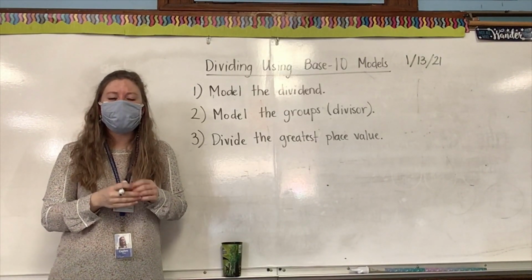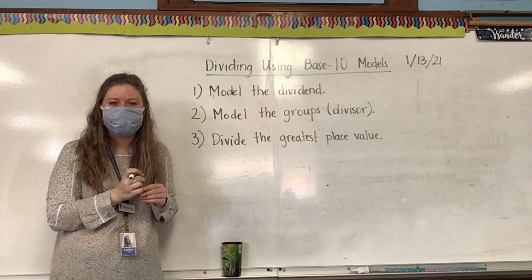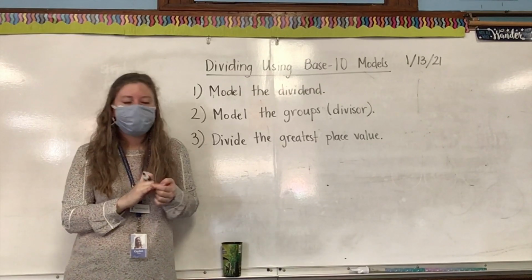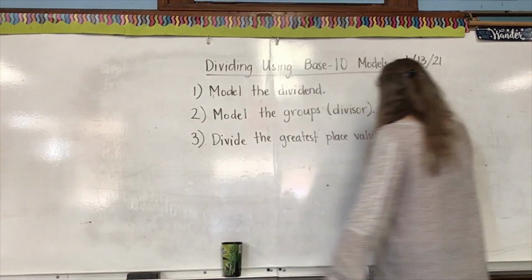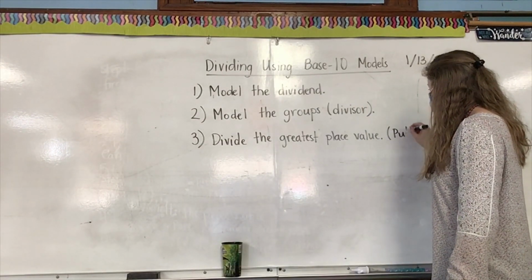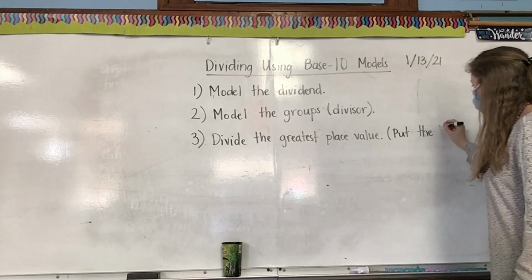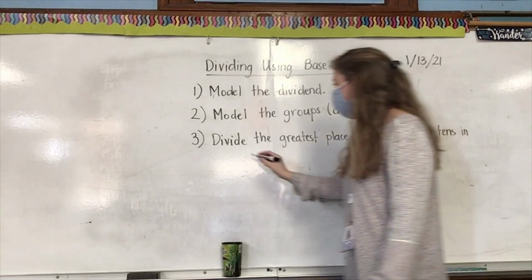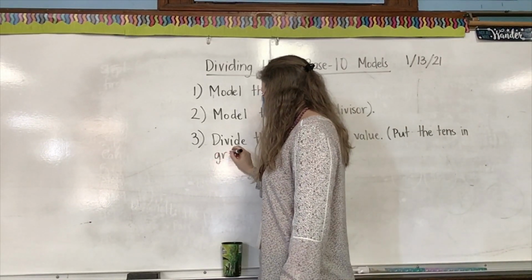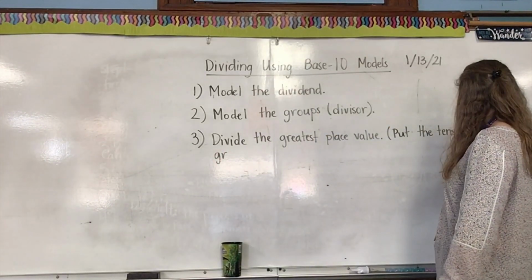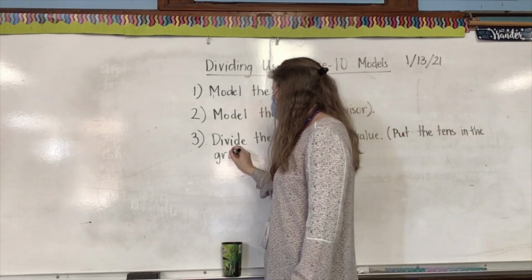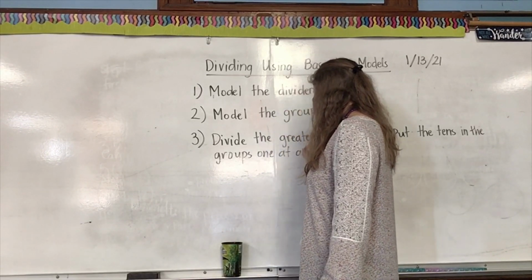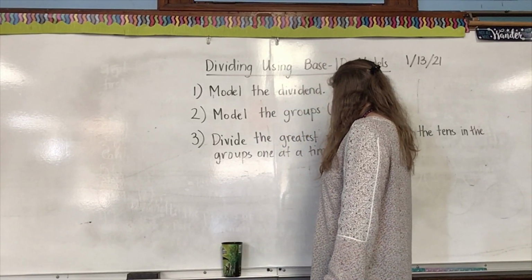No. How do we have to do it? We have to do it how many at a time? We have to do it one by one. Good. So, we put the tens in the groups one at a time.